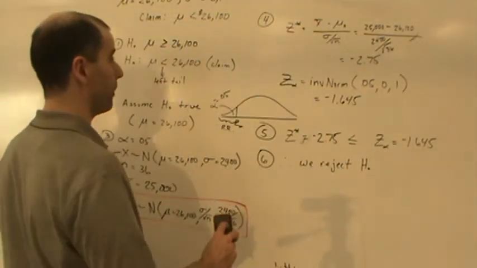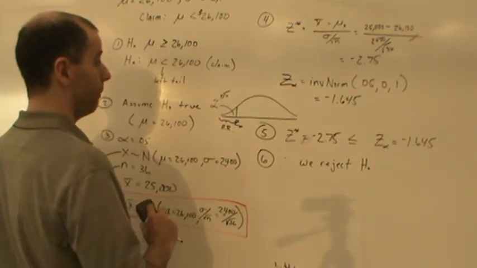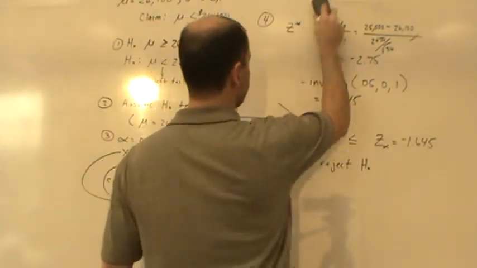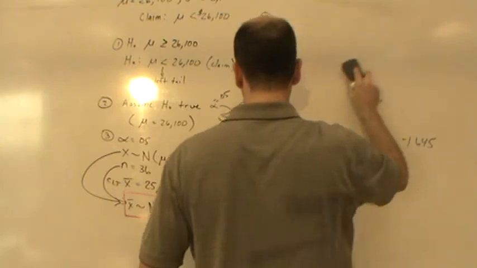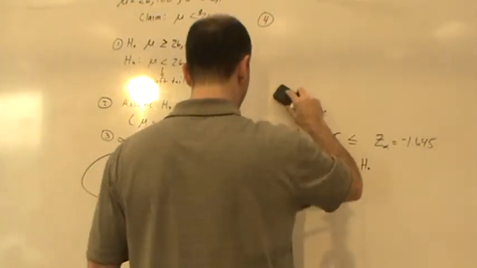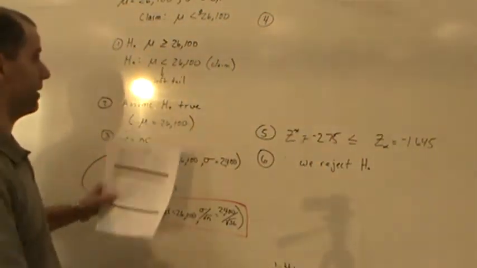Now let's do the p-value method. Okay? So again, we're doing a left-tailed test.